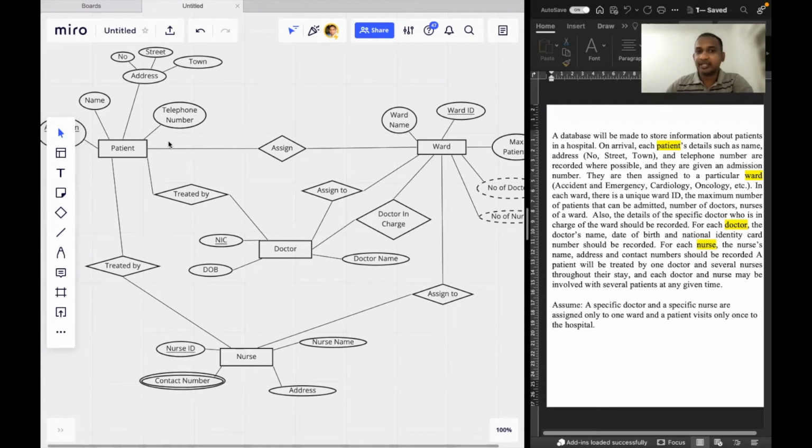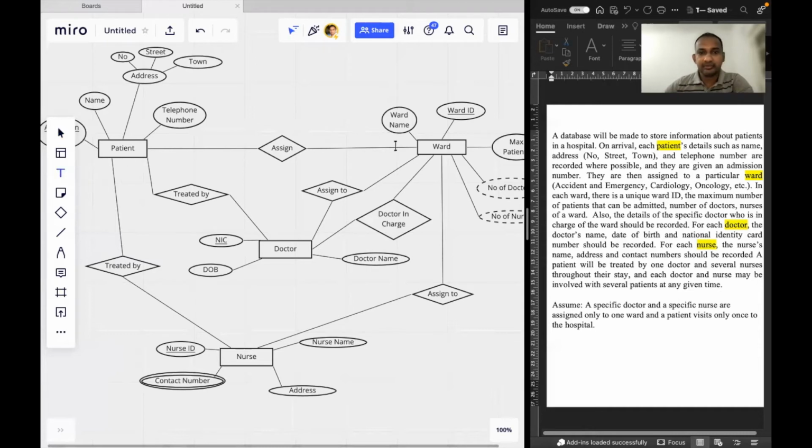There are several notations available in the ER diagram. Here I use the Chen notation. That means we use 1 and M letters in this ER diagram. How to do this?